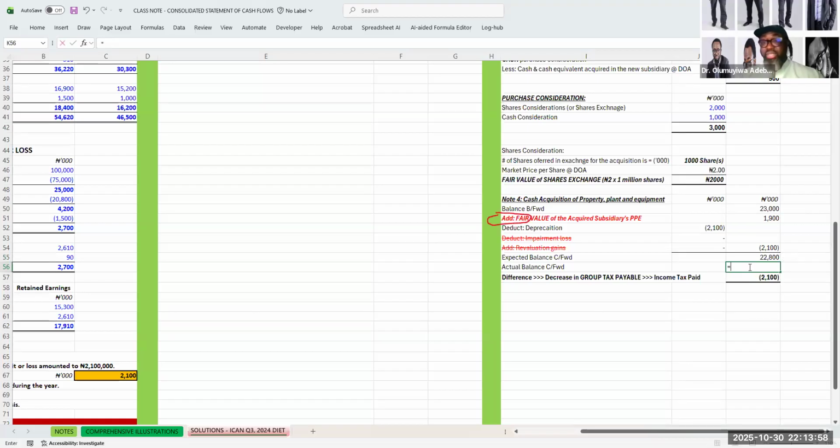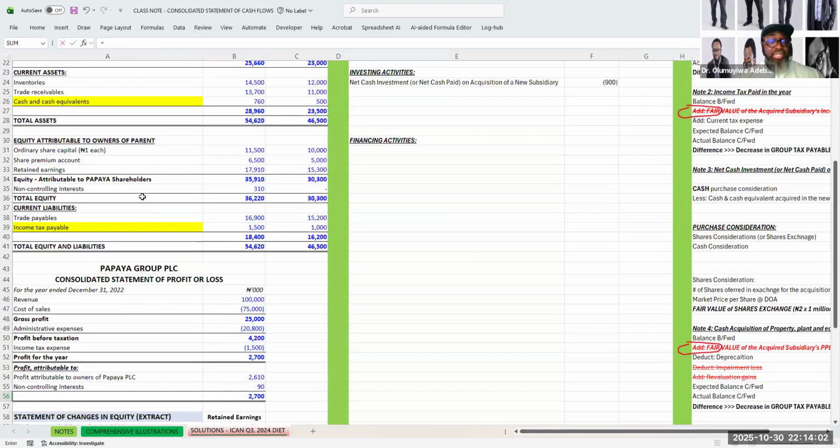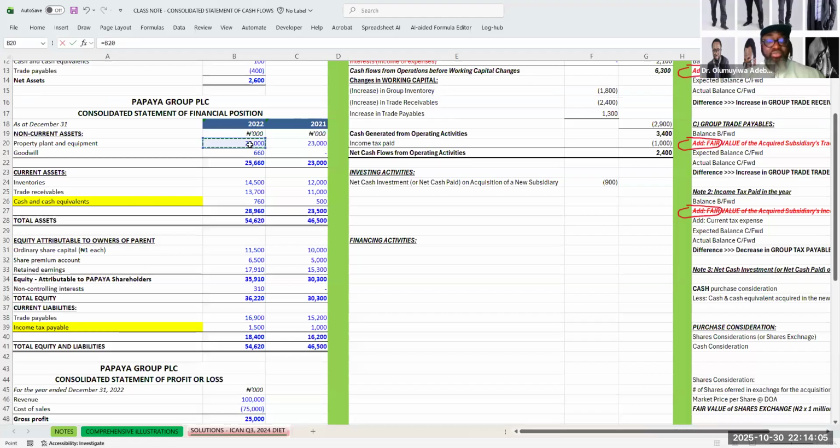And I can now compare 22,800 with my actual balance of 25.